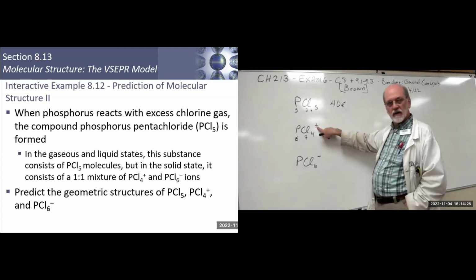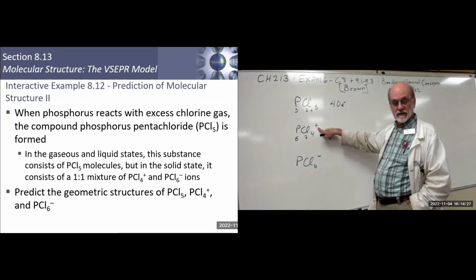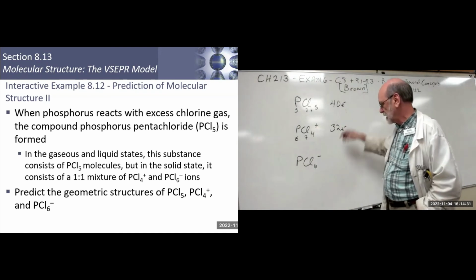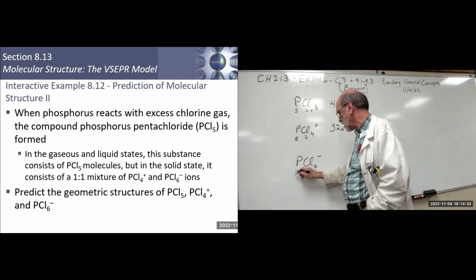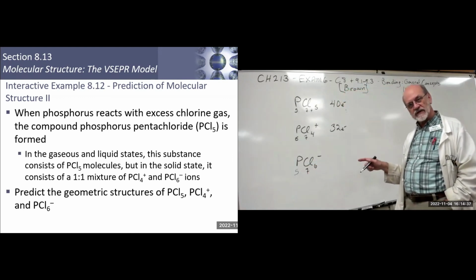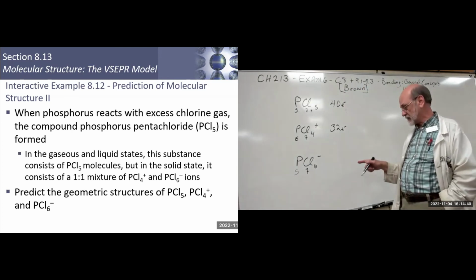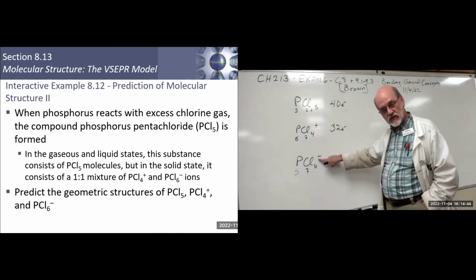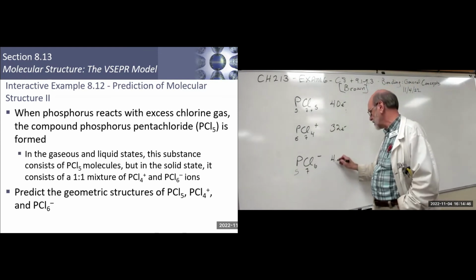But look, we're missing 1, so it's actually 32. This one is 5 here, and 6 times 7 is 42, plus 5 is 47, and then 1 extra. So it's 48.